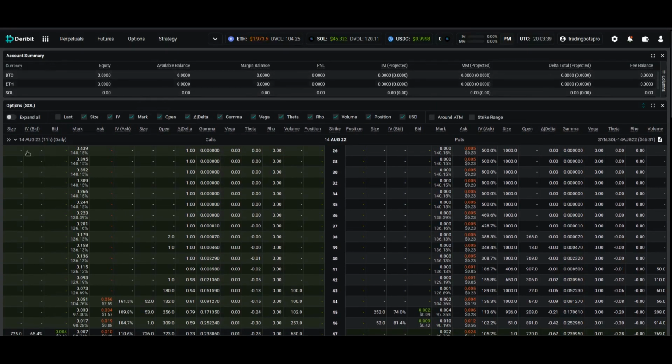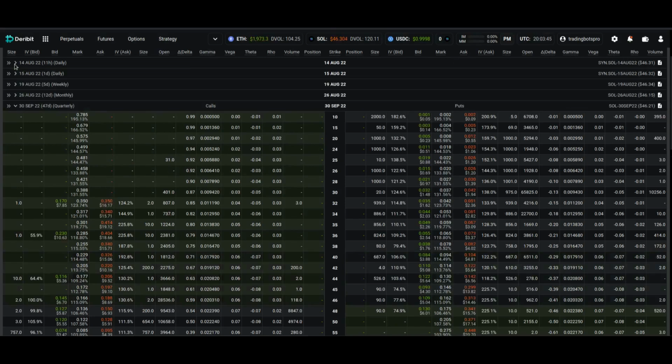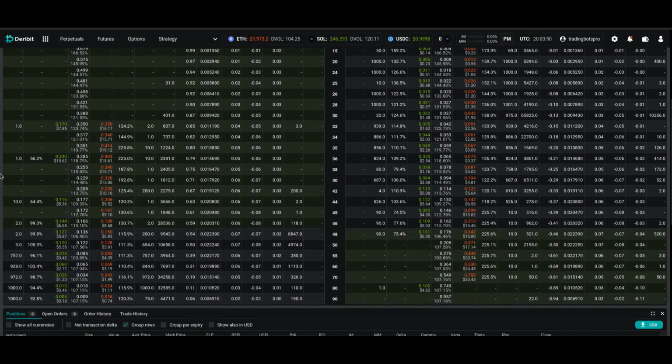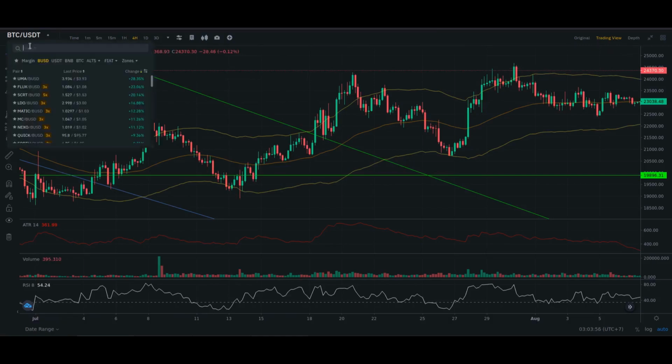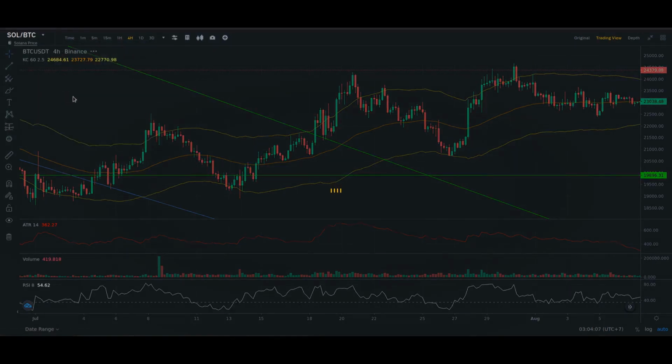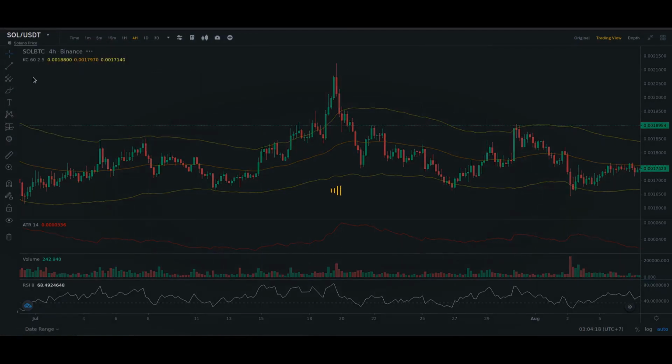So basically here is the Solana option desk, and we can see, for example, September 30. What is the current price of Solana? Solana BTC. Oh, why BTC though? Looks like I need some sleep. $46.